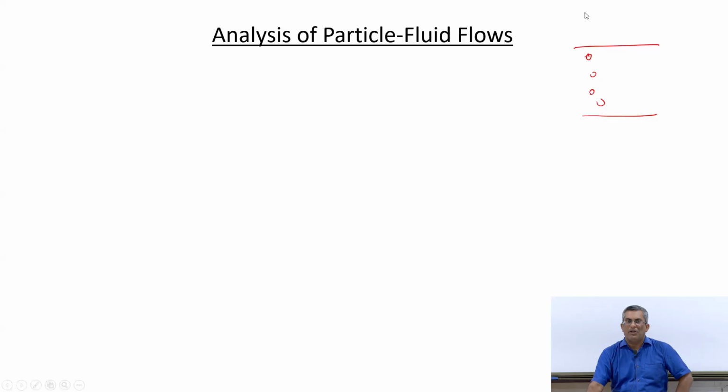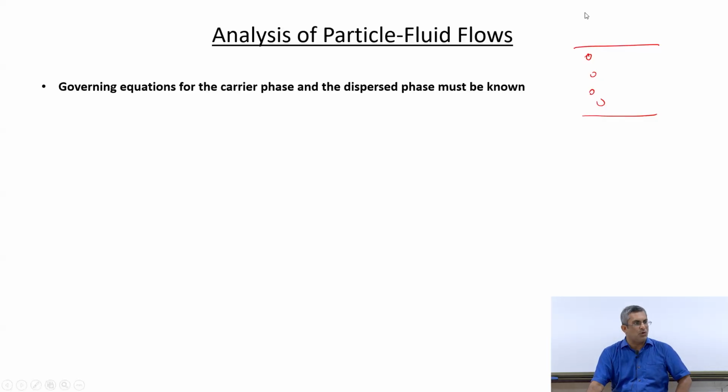Okay, so for this purpose, we have to evaluate the governing equations. We must know first of all the governing equations for the particle phase and for the carrier phase. Then we have to see if we can simplify these equations and then how to solve them.